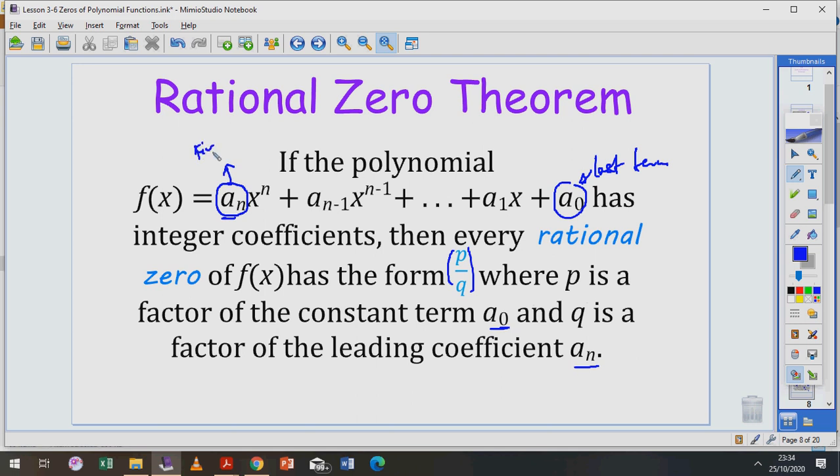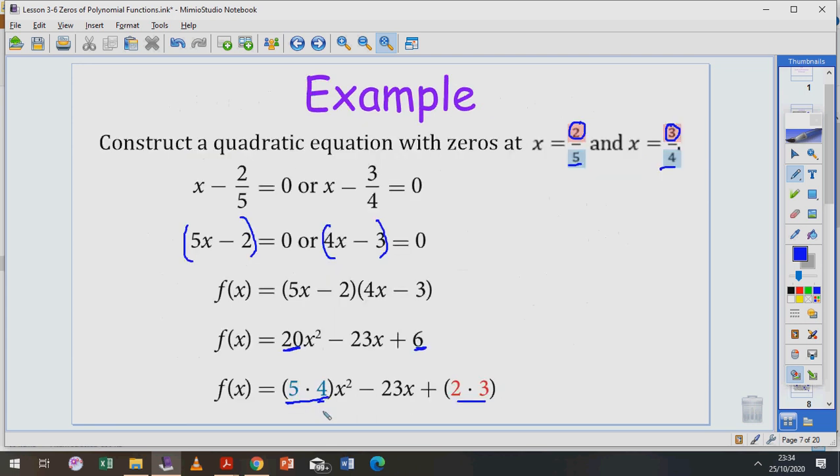first coefficient. As you saw in this previous example, with p over q, p was a factor of the last term. This 2 is a factor of the last term, which is 6, as you can see here. 2 times 3 is 6.